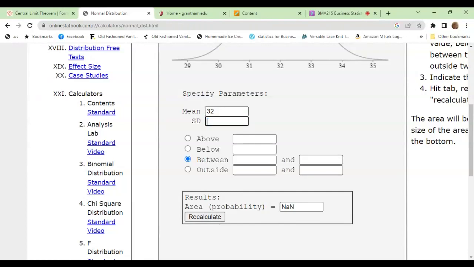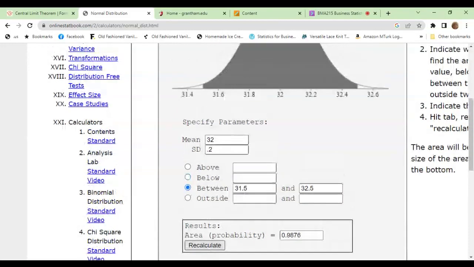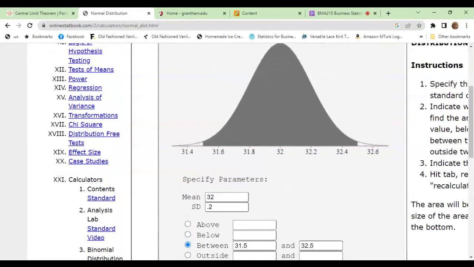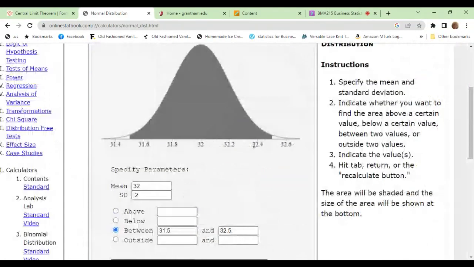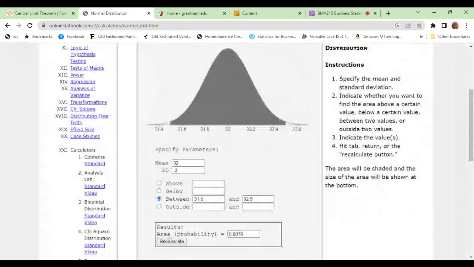I just want to go right to this and type it in just as it is. 0.9876. And look at the picture. Our value on the x-axis is 31.5. This is 32.5. If you noticed how the x-axis is labeled, that picture is really, really nice.